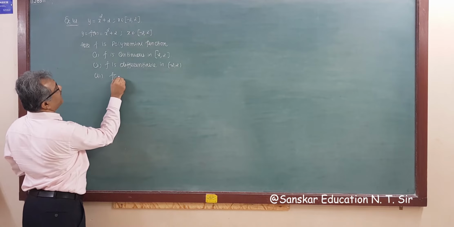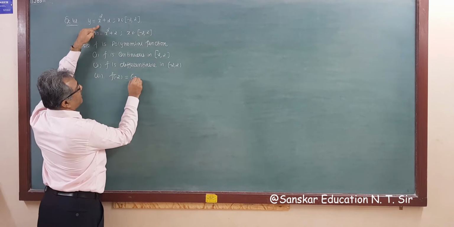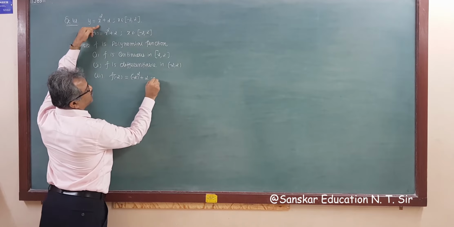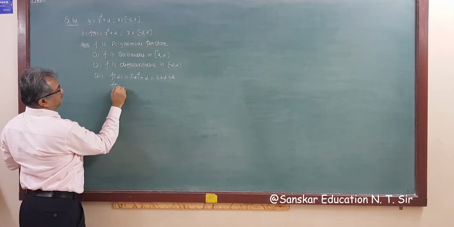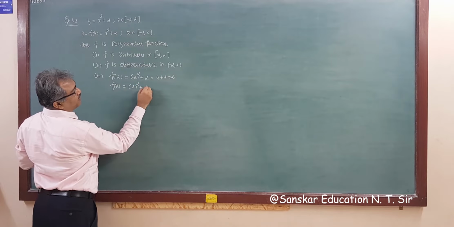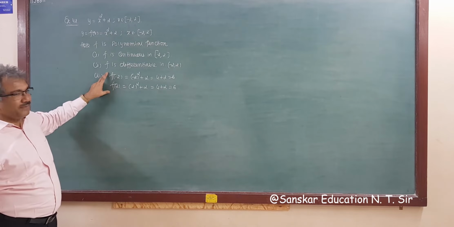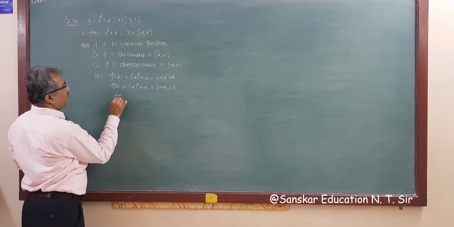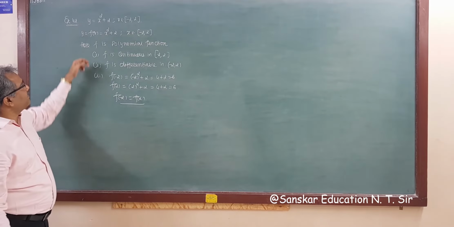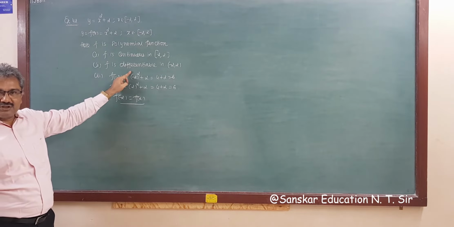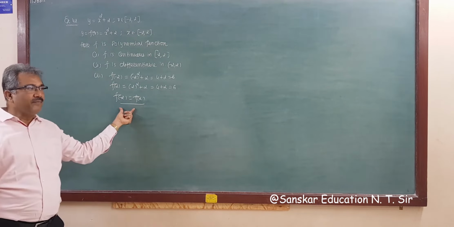So first, f of minus 2 is minus 2 square plus 2. So this is 4 plus 2 is equal to 6, and f of 2 is 2 square plus 2, so this is again 4 plus 2, that is 6. Means both values are the same, f of minus 2 is equal to f of 2. So all conditions of Rolle's theorem are satisfied: continuous in the closed interval, differentiable in the open interval, and f of a is equal to f of b.